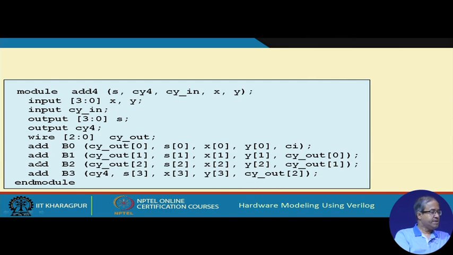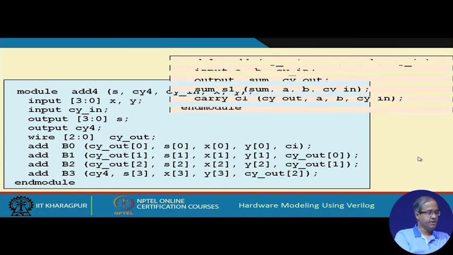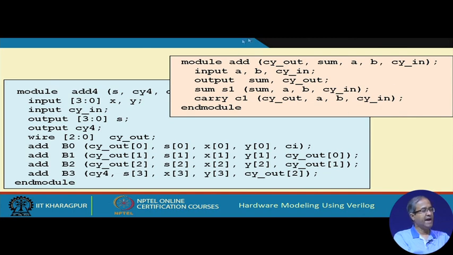We have also defined a full adder. Add is a full adder. The full adder has parameters carry out, sum, and the 3 inputs. So, you see here in the 4-bit ripple carry adder, I have made 4 copies of this full adder. This is called instantiation.